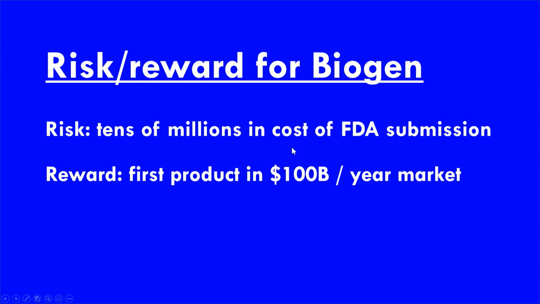So if the cost of submitting is so low and the reward is so high, then you don't really have to have a very high probability of approval to make it make financial sense for Biogen to submit this. So it's definitely in Biogen's interest to file this drug for approval.